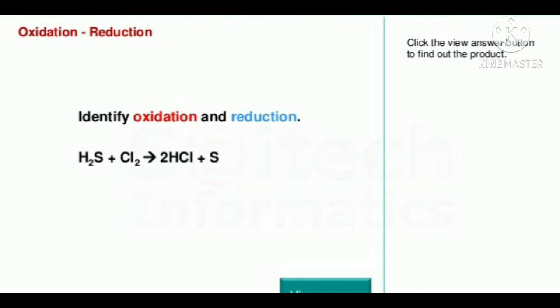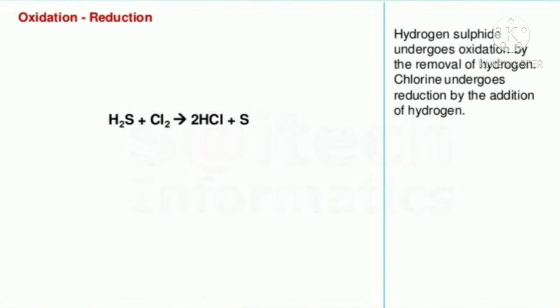Now, here is the example: H2S plus chlorine giving hydrogen chloride plus sulfur. Now we have to identify oxidation and reduction over here. Here we can see the oxidizing agent chlorine removes hydrogen from hydrogen sulfide, which is hence oxidized to sulfur.